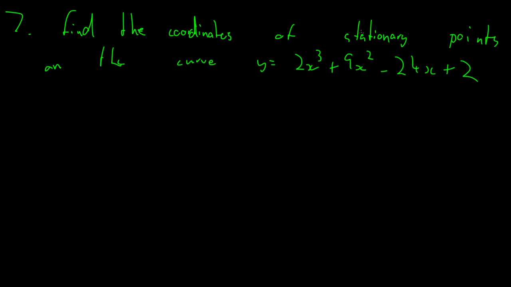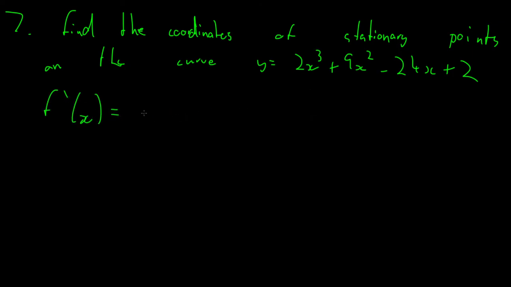And pretty much what stationary points means is that if we draw a random curve, the stationary point is when it's touching there, and the gradient is equal to 0. So what that means is that the derivative equals 0. So first we'll actually have to take the derivative.